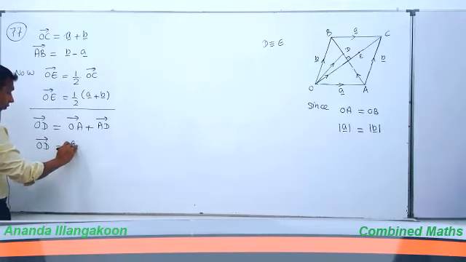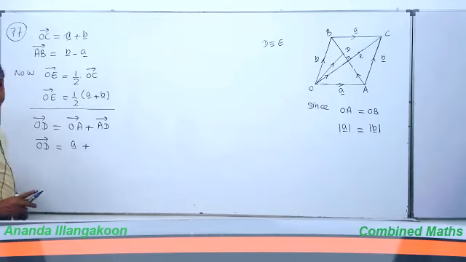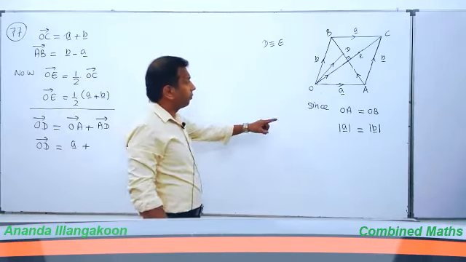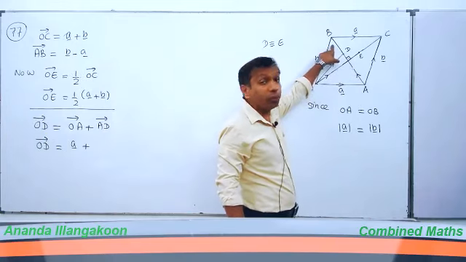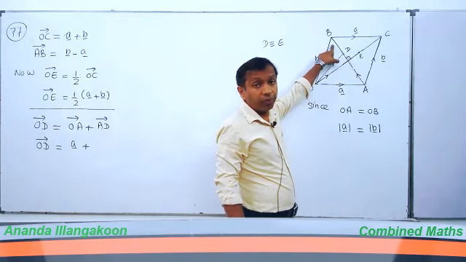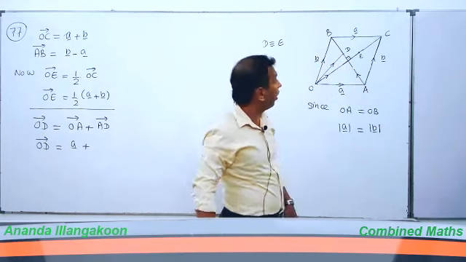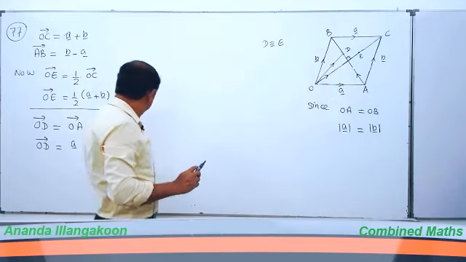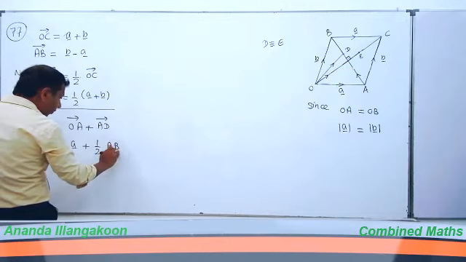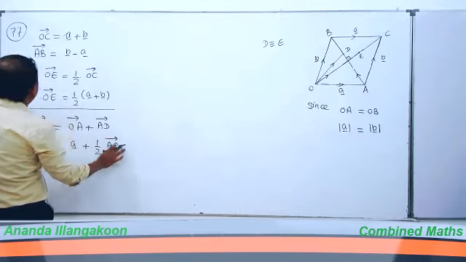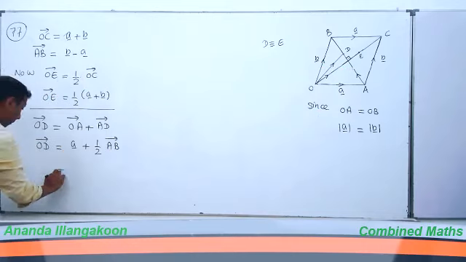OA vector is simply A vector. What is AD vector? D is the midpoint of AB, no? Then AD vector is half of AB vector. What is AB vector? It's B minus A.